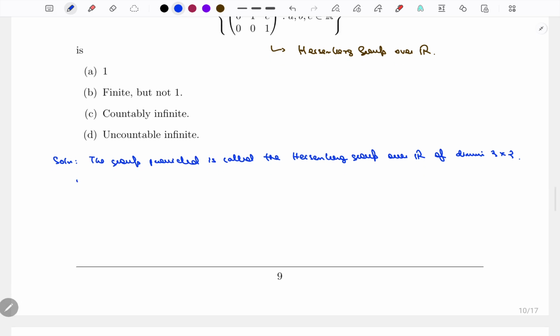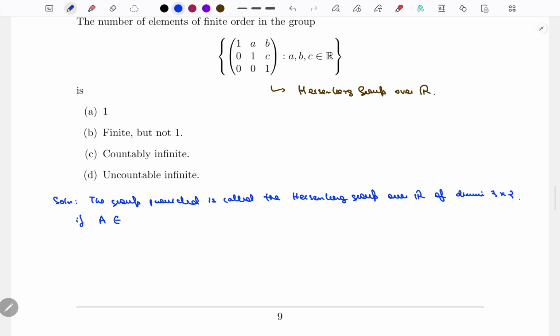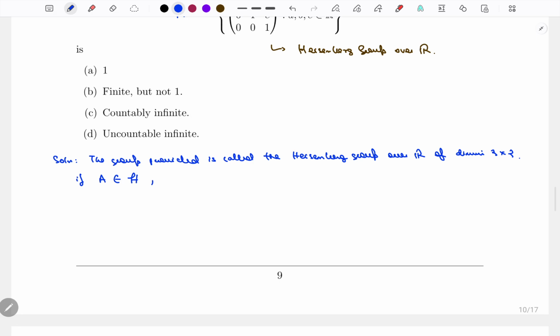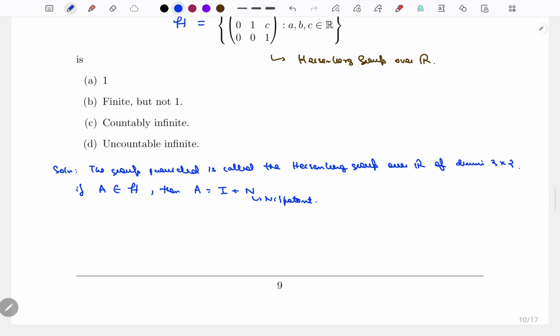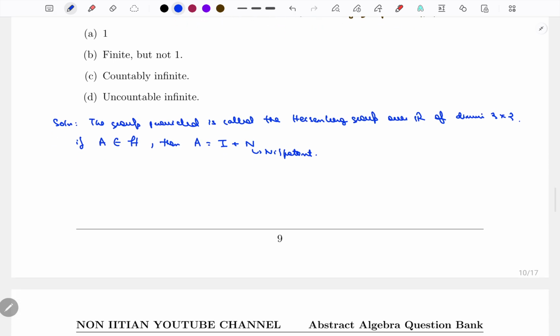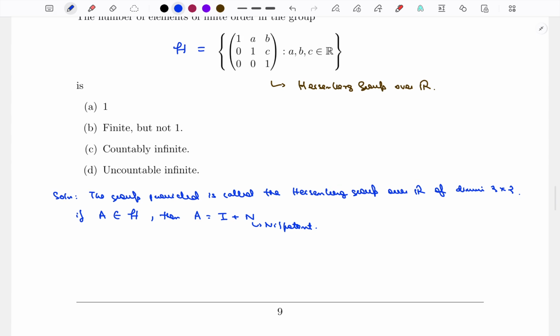Now observe that if A belongs to this group, let me denote this by H. Then observe that A can be written as identity plus a nilpotent matrix, because you can just separate out the ones and the matrix with the elements a, b, c in the upper triangular portion.